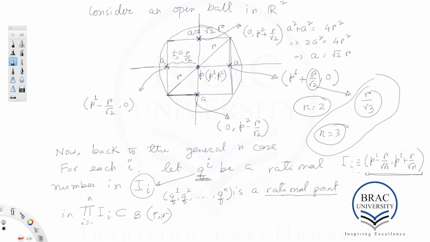In the two-dimensional case, this BPR was this open ball, or open disk if you want to say. Okay, so therefore we have found that Q is in this n-cube, and this n-cube is contained in BPR, and this BPR is contained in U, the open set that we started with.